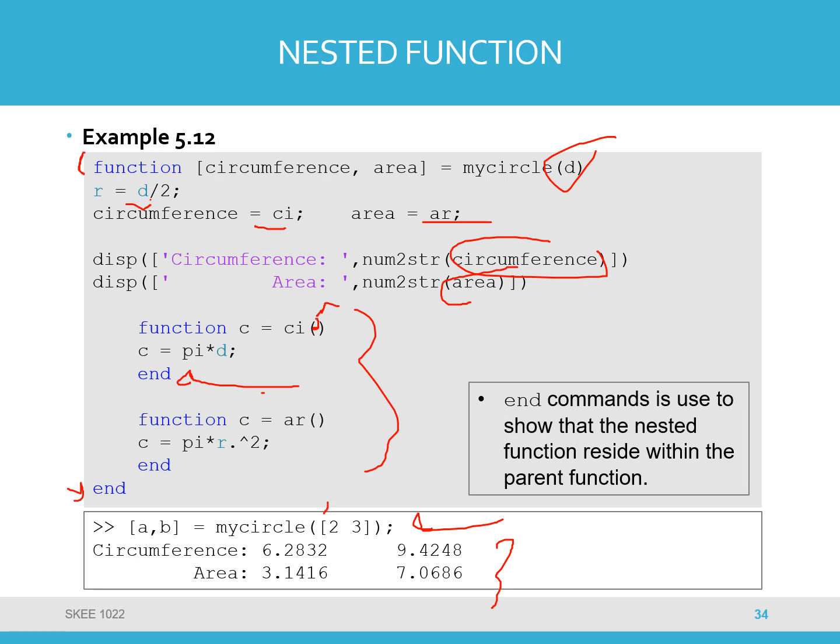This is for D, where D equals 2 square 3. Make sure you understand this. The advantage is that it has the same workspace, so you don't need to define it again, and of course you have to put end for a nested function.